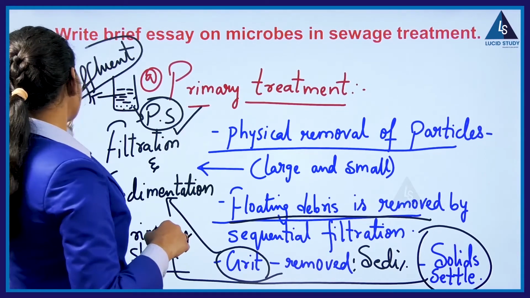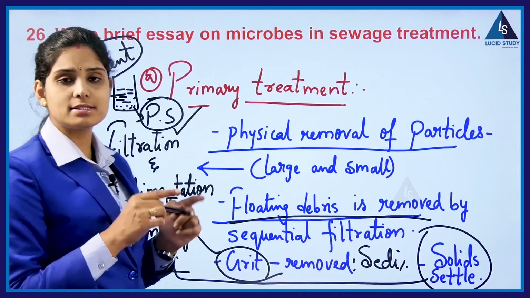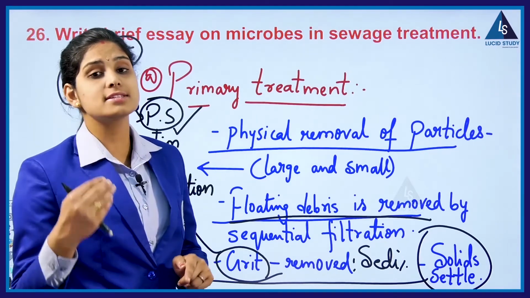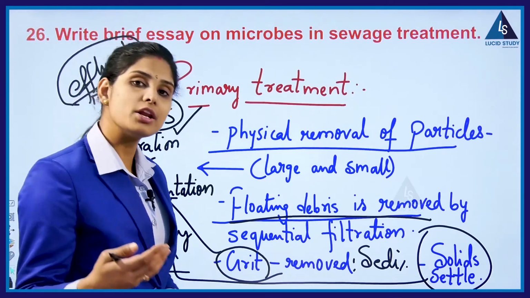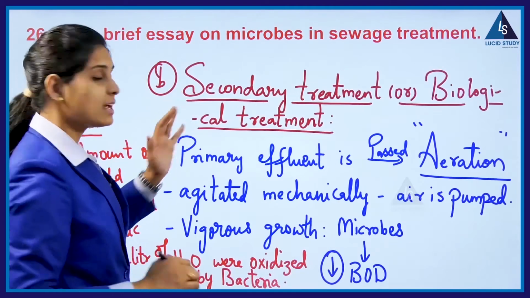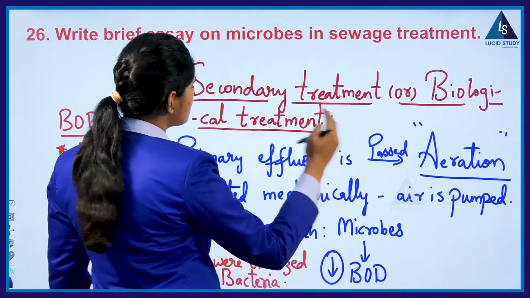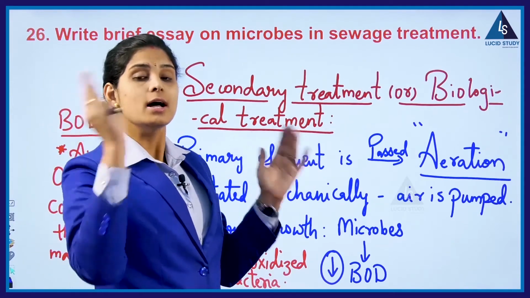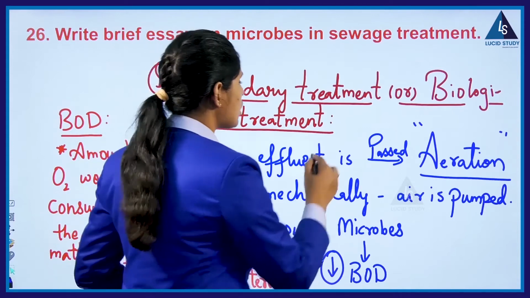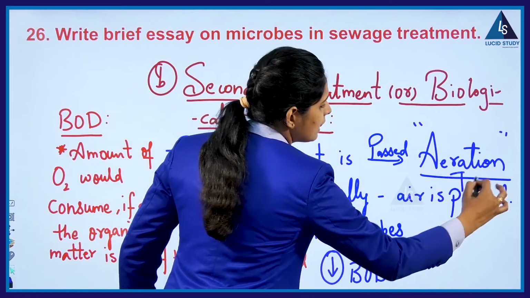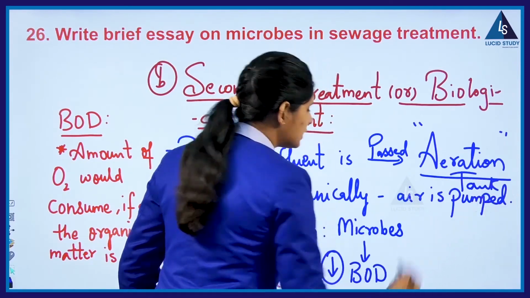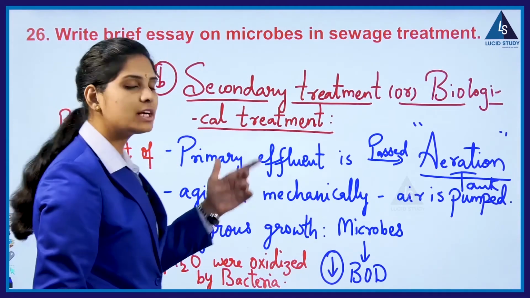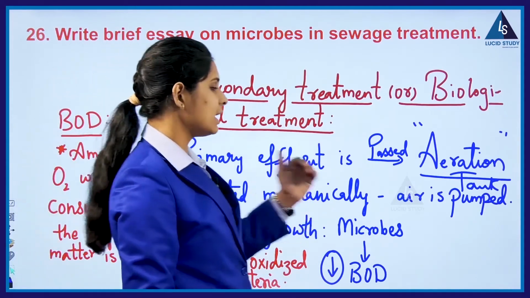This effluent then enters the second stage, the secondary treatment or biological treatment. The primary effluent collected in the primary treatment is passed into the aeration tank, where it is agitated continuously and mechanically, and air is pumped in.